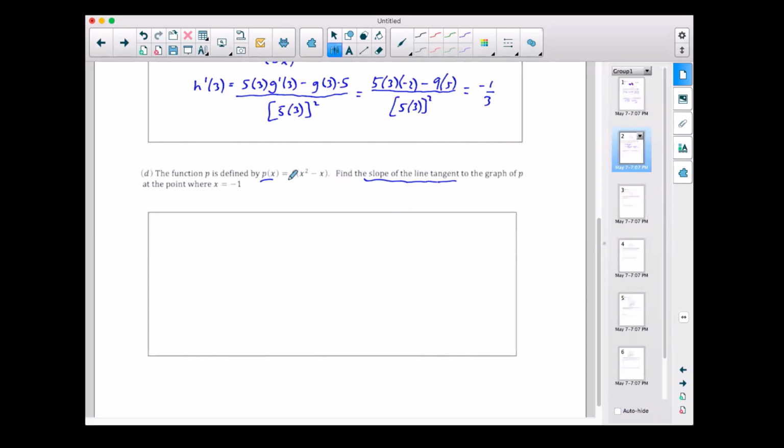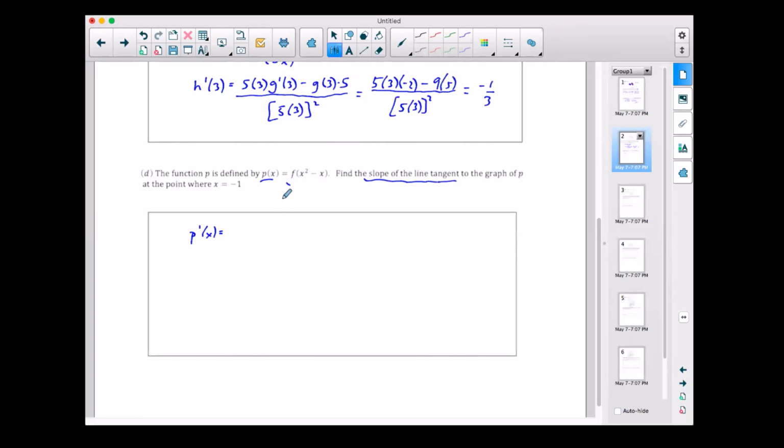So if I want to find the slope of the tangent line here, I'm going to start by taking the derivative. So p prime of x, and we have this kind of function notation here. These things look kind of bizarre at first, but you're going to find out they're the easiest you're ever going to see. Because whenever we differentiate something, we always start on the outside, right?